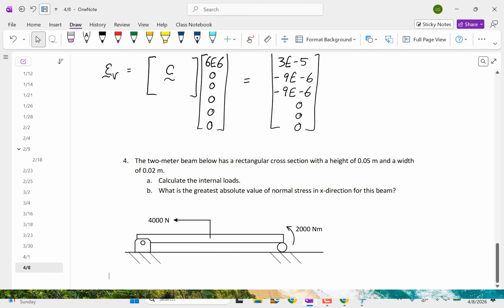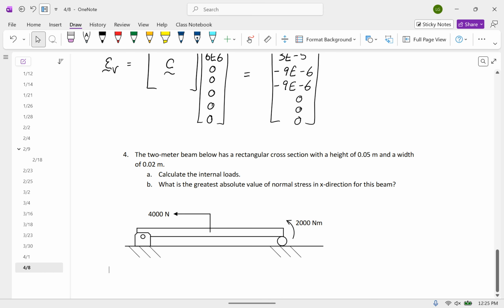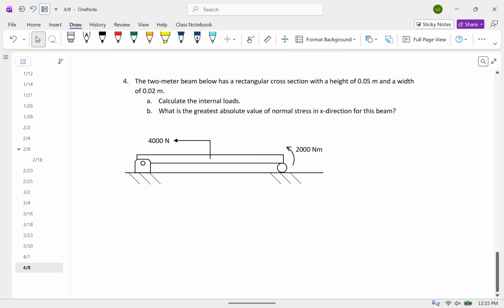So I'll draw what my reimagined problem is like. You have a pin joint over here, and I guess there's a couple ways I could draw it.